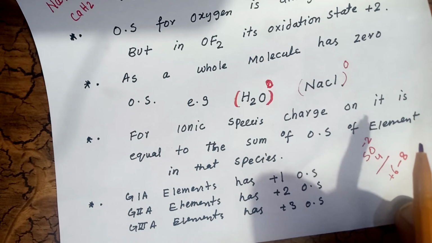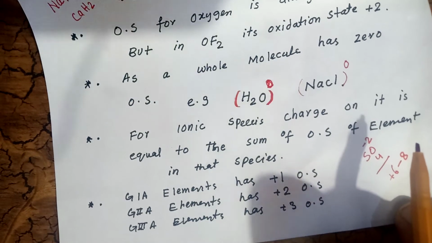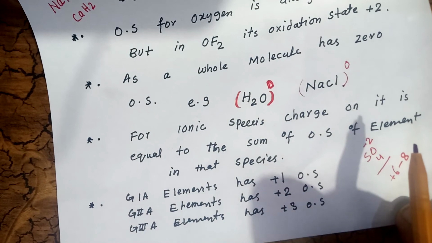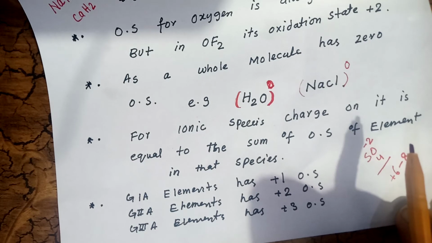But in some other cases, in the interhalogen compounds, when a halogen reacts with another halogen to form a compound, they may have the oxidation state of sometimes +1, +3, +5, or even +7. So that is all regarding the rules for assigning the oxidation state.